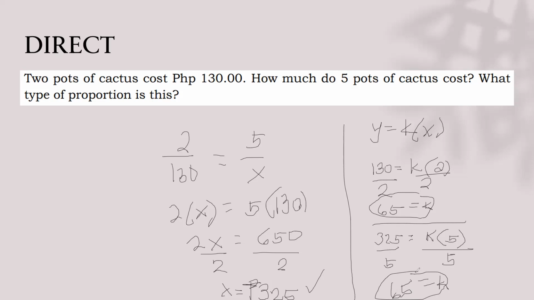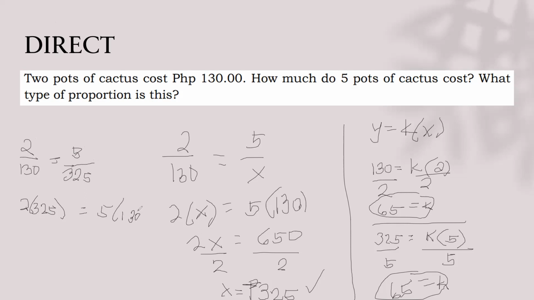Or simply, ang pwede natin gawin ay yung basic, which is 2 over 130 is equals to 5 over 325. Kung talagang proportion, kung tama ang sagot ko, dapat mag-equal sila. So that will be 2 times 325 will equal to 5 times 130.